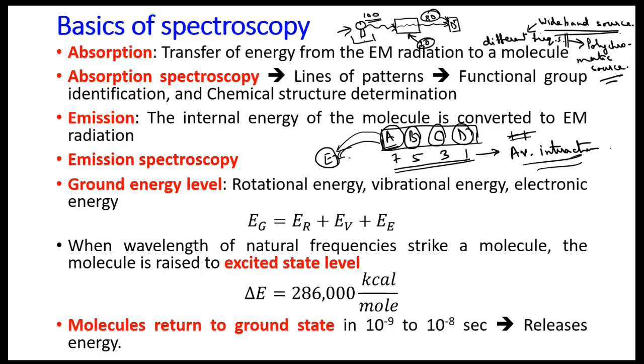Definitely they will give you some results, but those results will be an average of the interaction of each of the frequency components of the radiation coming out of the source, right? Now what to be done? We convert this polychromatic source into a monochromatic source.